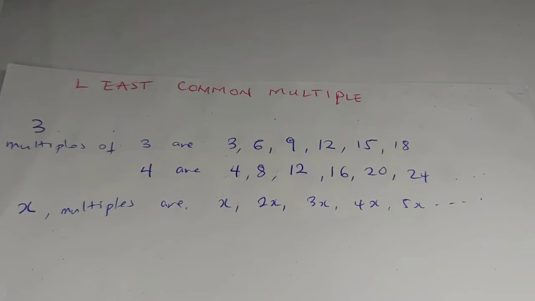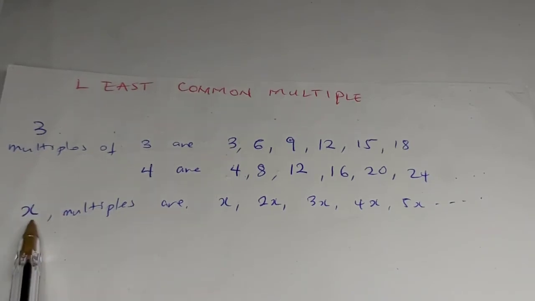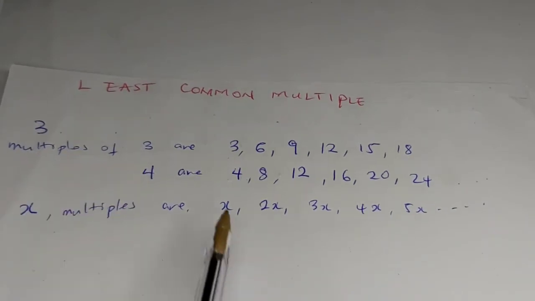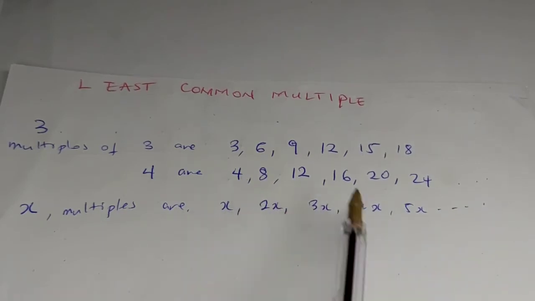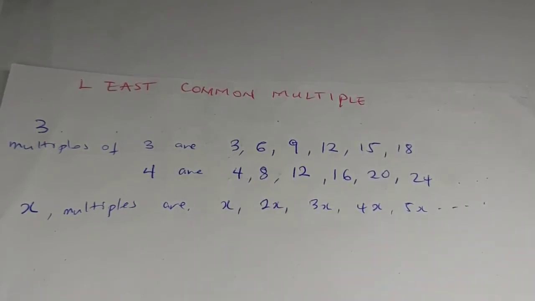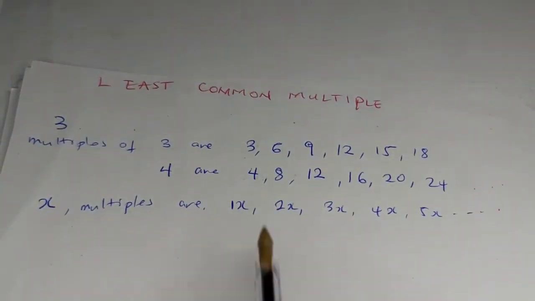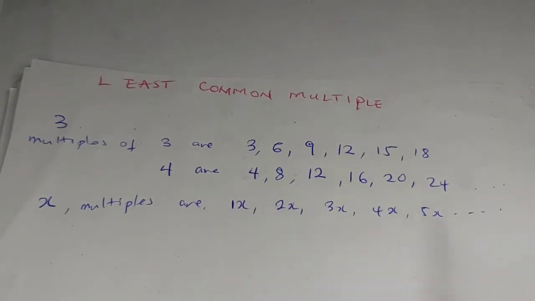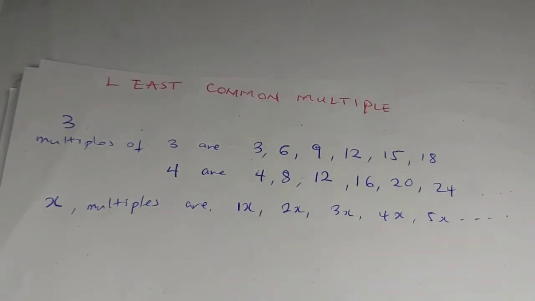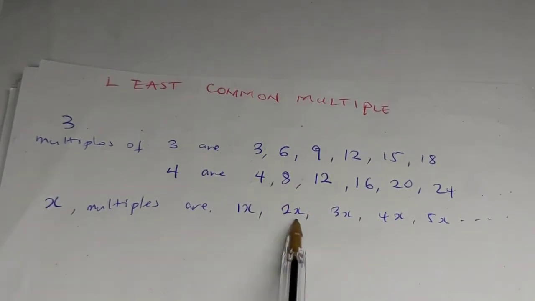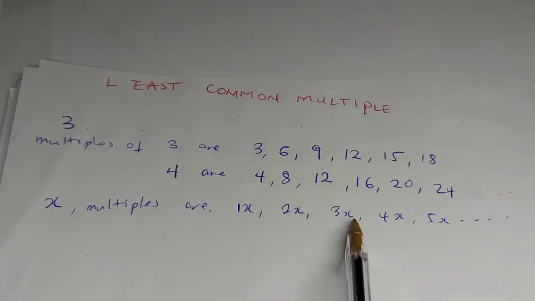When x is multiplied by 1, we get x, since 1 times any number is the number itself, and then 2 times x, 2x, 3 times x, 3x.